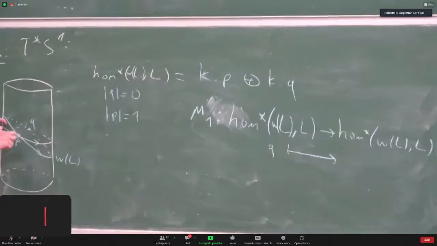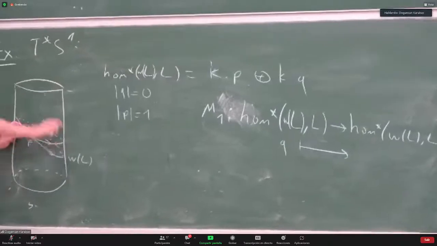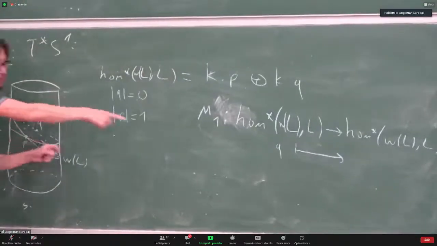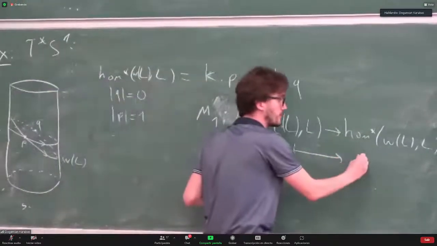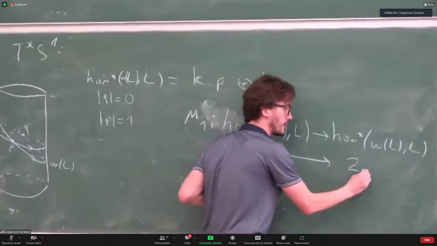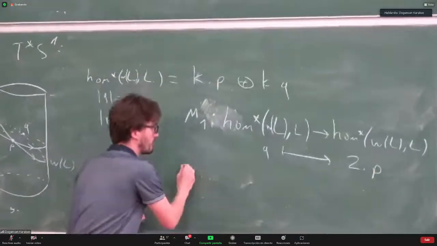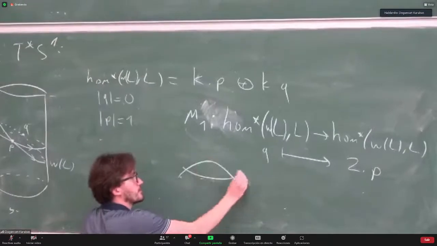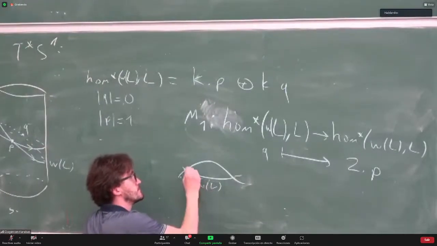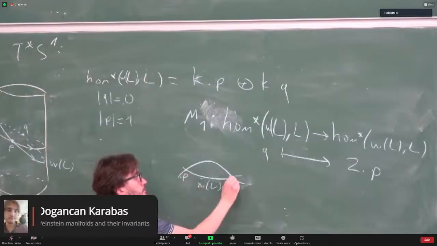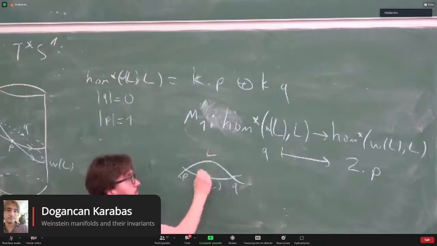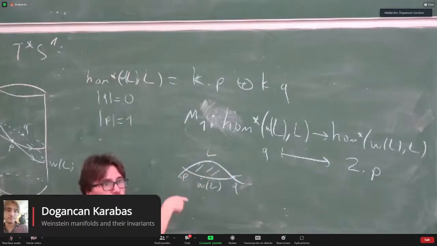And if you see the two disks of this form, therefore Q goes to how many holomorphic disks of that form? 2 times P. So we have this holomorphic disk. There are too many of these holomorphic disks.